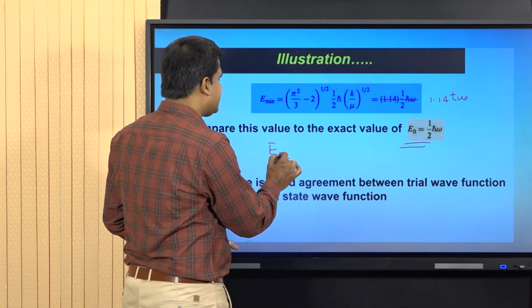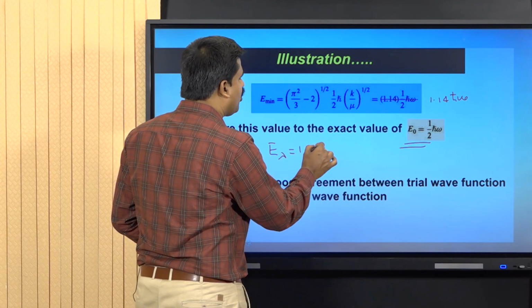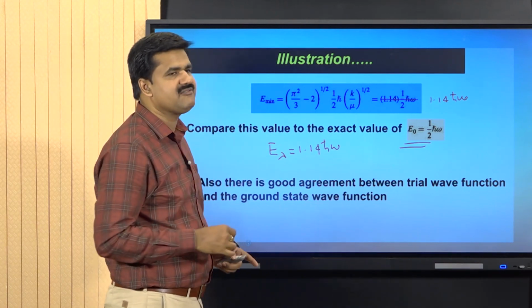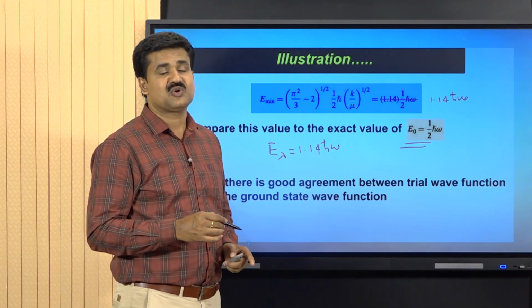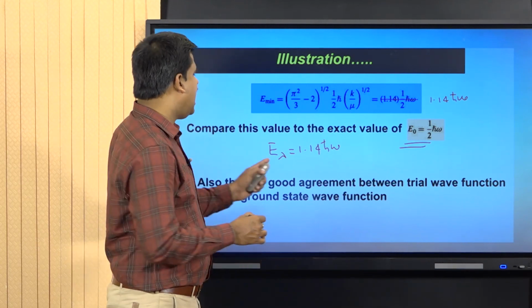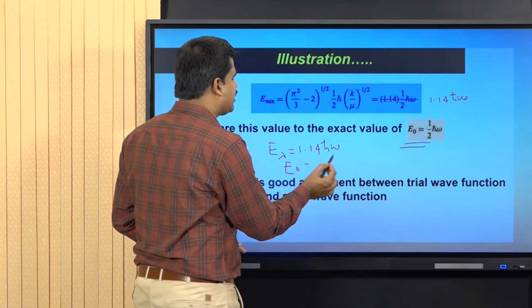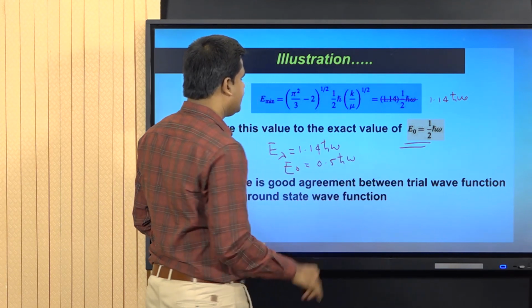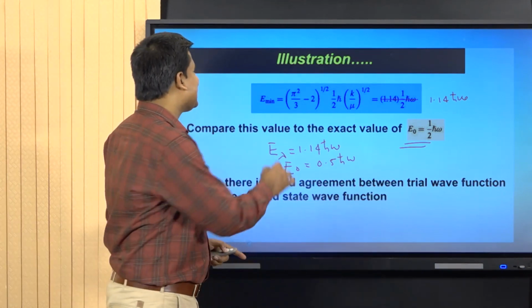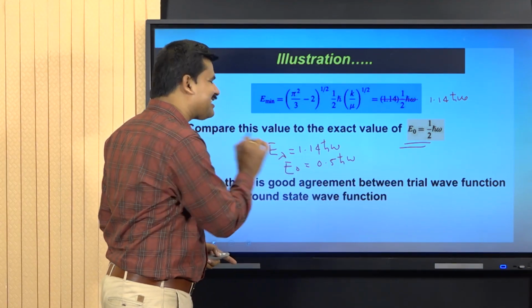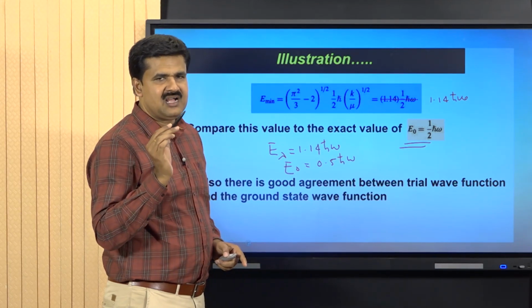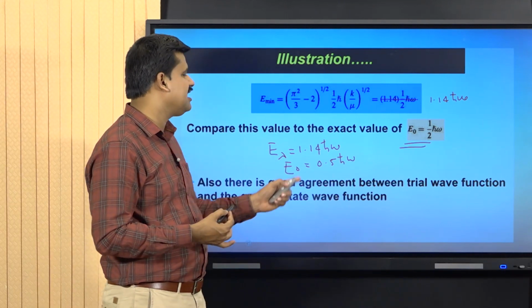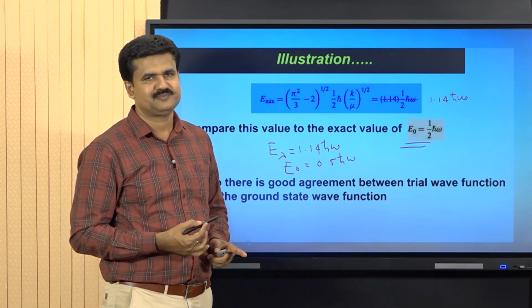This means that E lambda is equal to 1.14 ħ omega with the trial wave function cos lambda x, and actual energy E0 equal to half ħ omega means 0.5 ħ omega. It is also clear that the calculated energy E lambda is greater than E0. Also, there is an agreement between the trial wave function and the ground state wave function.